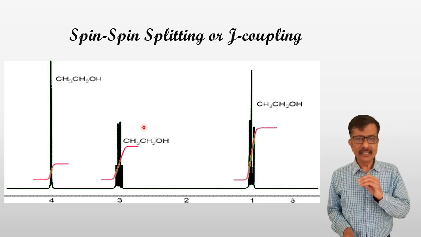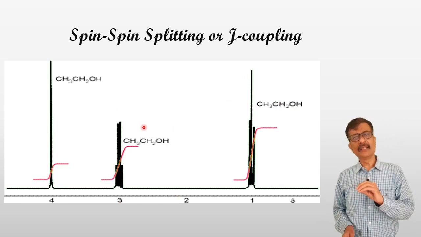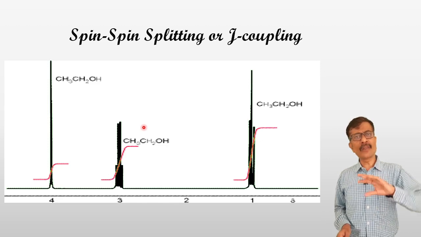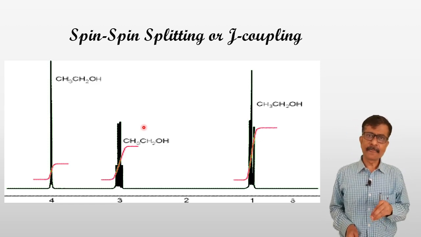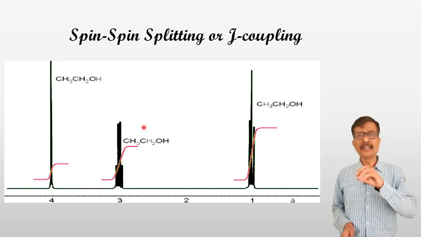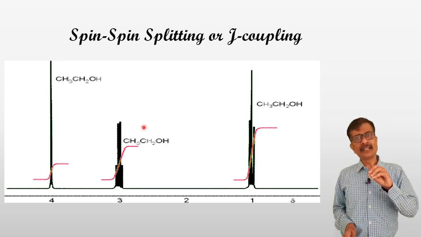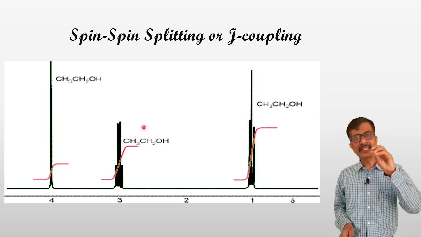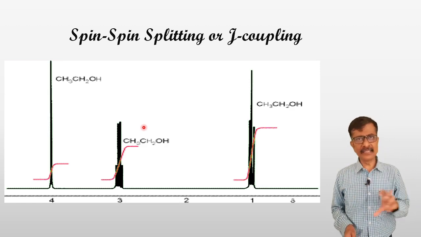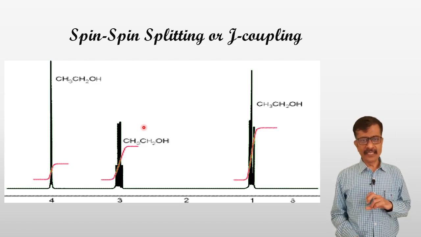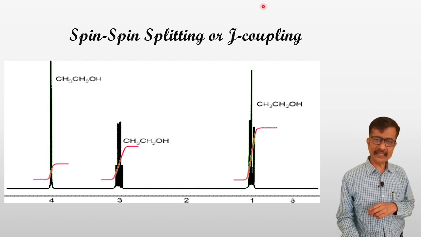So in short, for spin-spin splitting, the number of protons on the neighboring carbon is responsible, and for chemical shift, the electron density around that nucleus, or in that particular atom, is responsible. Now one more factor, that is J.